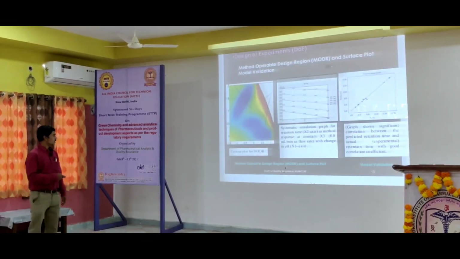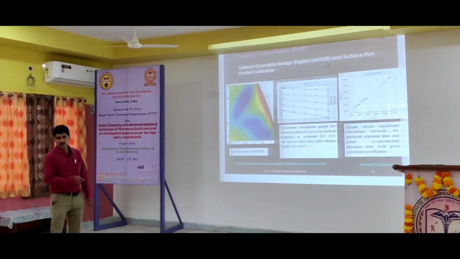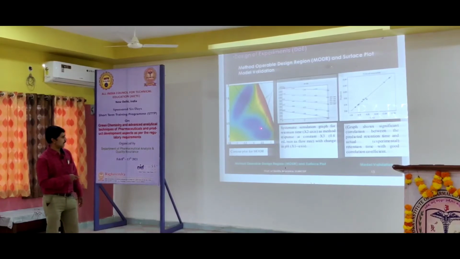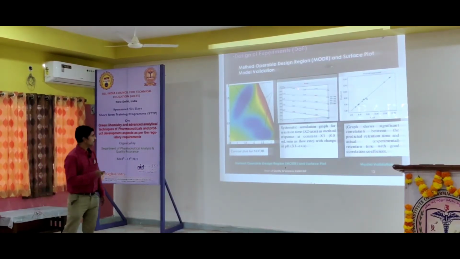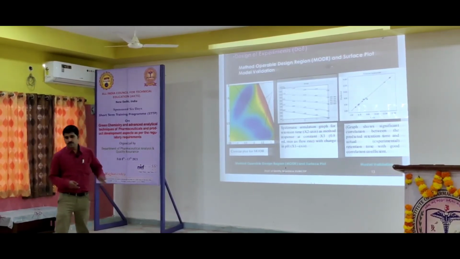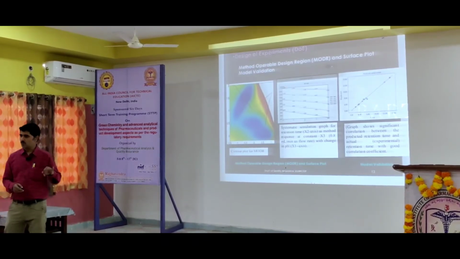So this is the contour plot, where we are going to get the design space which we require for the analysis. If you see the design method operable design region and surface plot model, here is the systematic simulation graph for retention time, with x2 axis as a method response constant, that is 0.8 ml per minute flow rate. Suppose you are taking three parameters: flow rate, pH, aqueous phase.